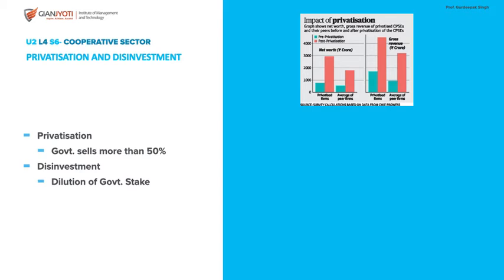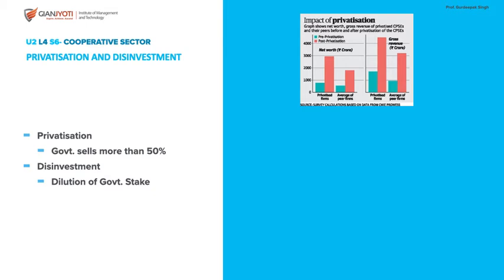Whereas if I take the average of the peer firms, the average of all the firms in that category, again it is up almost 3.5 times. If I talk of the gross revenue, that is much higher. And again, if I take the average of the peer firms, again it is very high.